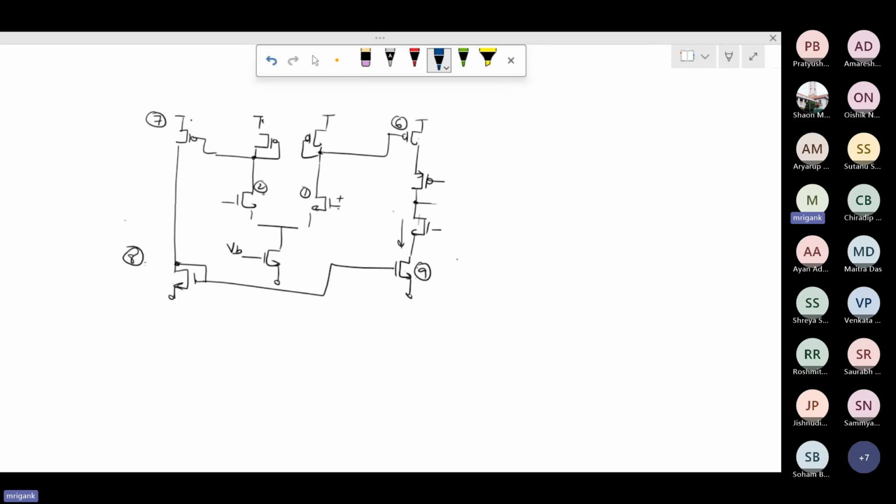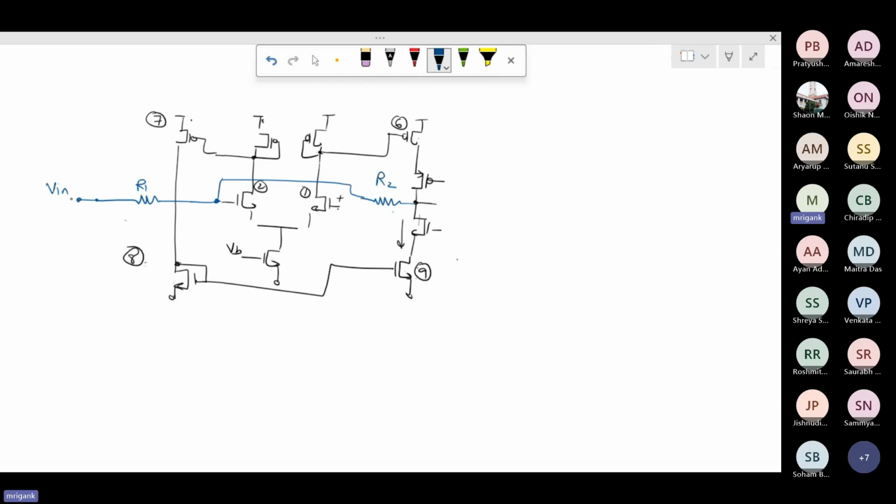On the output side, I have to connect to the input. So I need a connection from here to the input. I can take it from here and bring it here. And I need to apply the input here. This is my R2. This is my R1. And the input can be applied here, Vin.